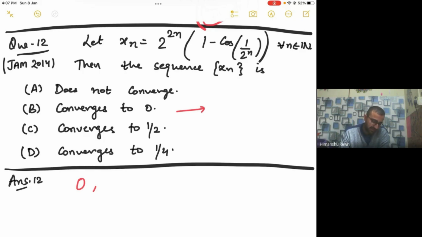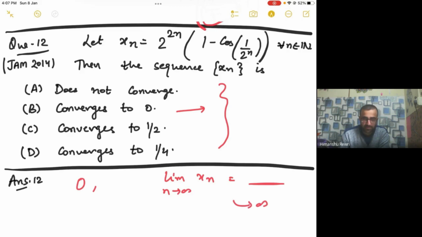See, in this question we are given whether it won't converge or it converges to some point. So here the question will change, it is just to find the limit of the sequence xn. If it will go to infinity, then it will diverge.